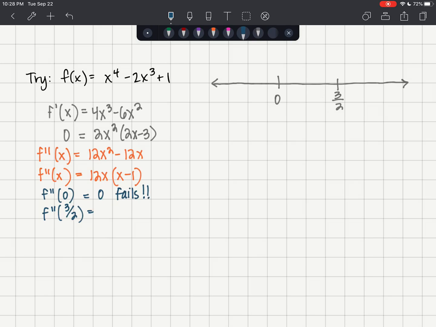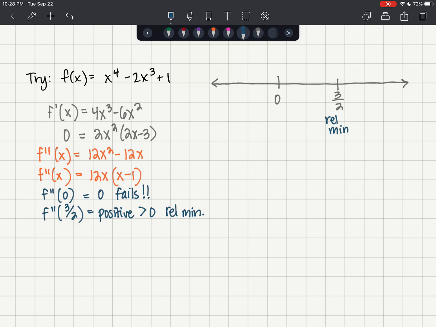And when I put a 3/2 in, that's a positive times a positive, which is a positive, which is greater than 0, so that's a relative min. So at 3/2, I've got a relative min.